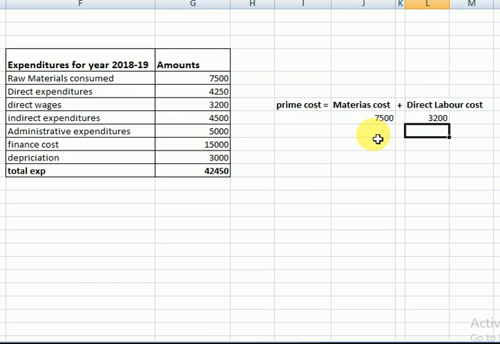How much will be our total prime cost? 7,500 plus 3,200 will be equal to 10,700. This is my total prime cost.